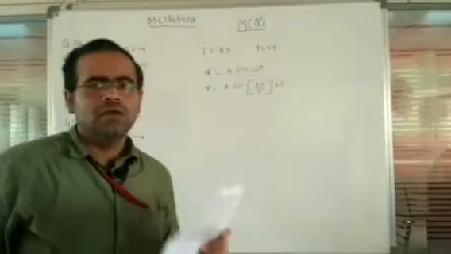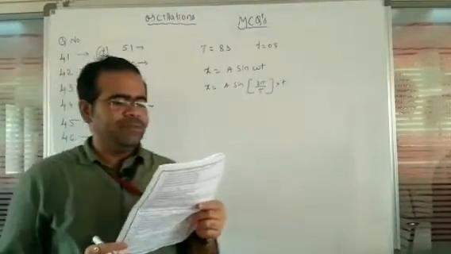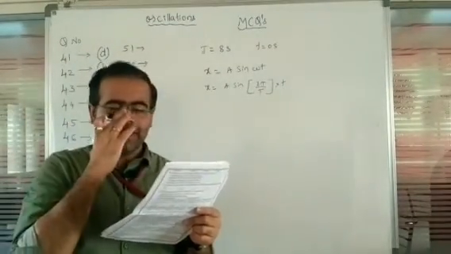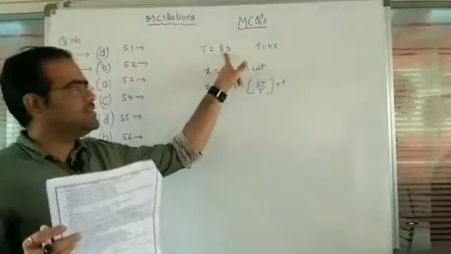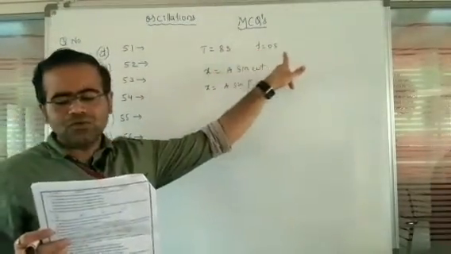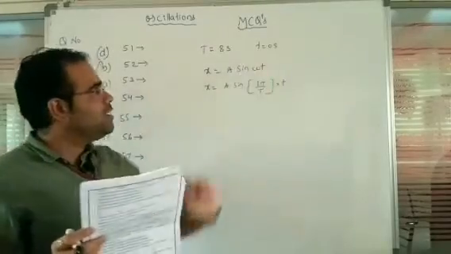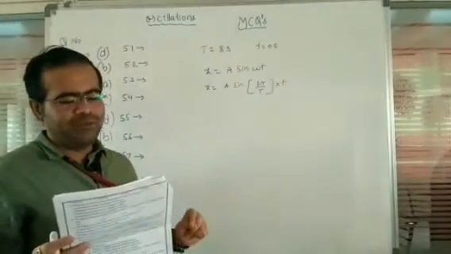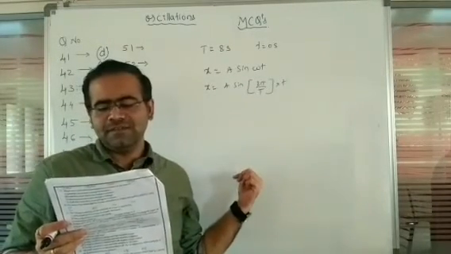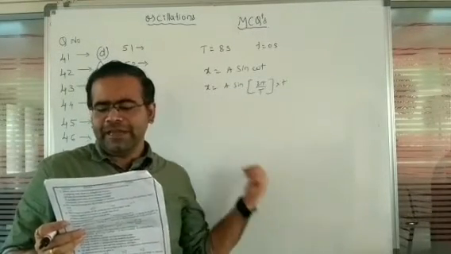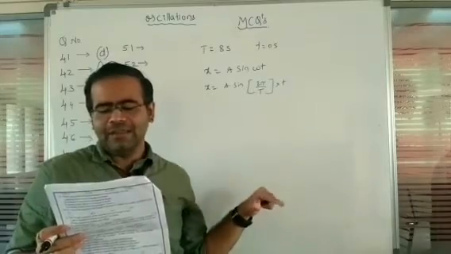So here question number 48, the period of a particle in SHM is 8 seconds. So time period is given as 8 seconds. At t is equal to 0, it is at the mean position. Then the ratio of the distance traveled by it in the first second and the second second.